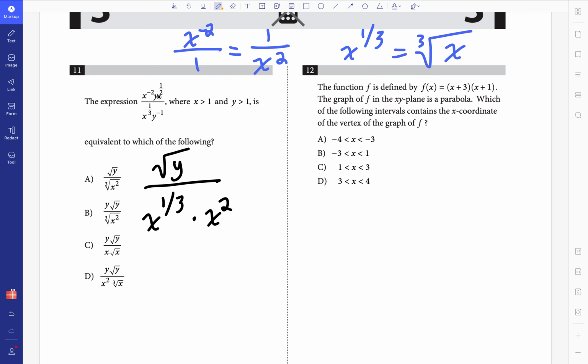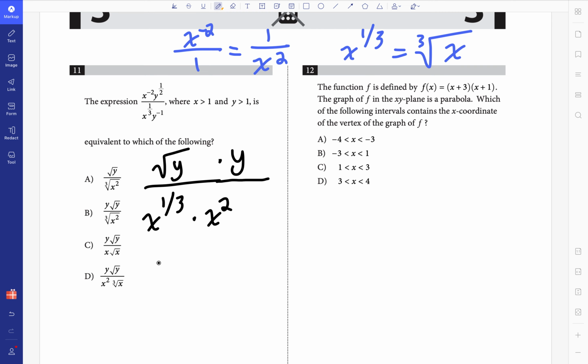So we know that y to the 1/2 is the same thing as the square root of y. And then this times -2 becomes 1 over x squared. And then x to the 1/3, right over here, didn't change. Now this y, we'll just bring it up here. So this is just y. So now down here, what do we have?